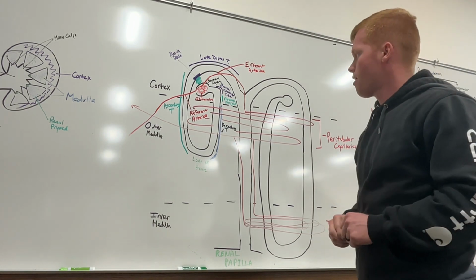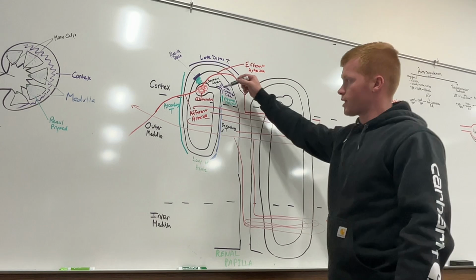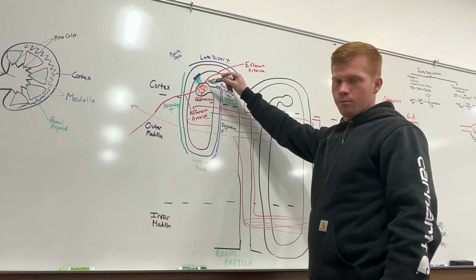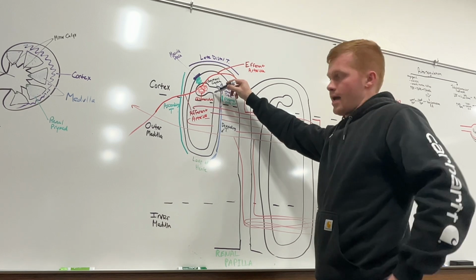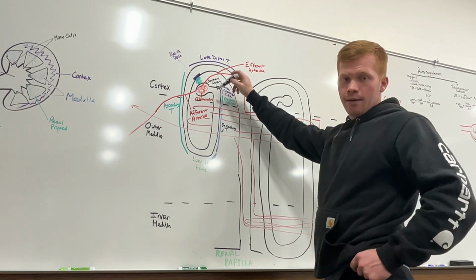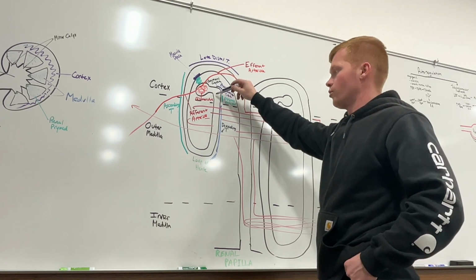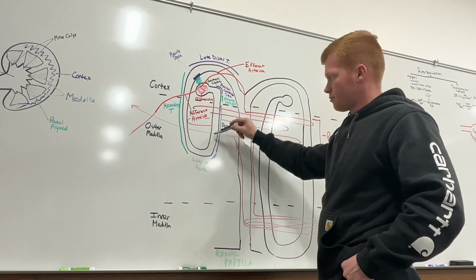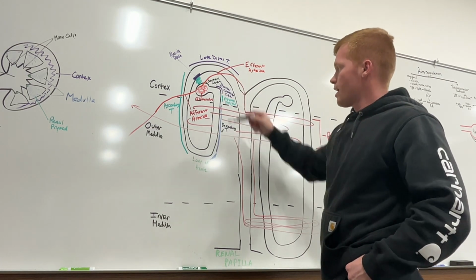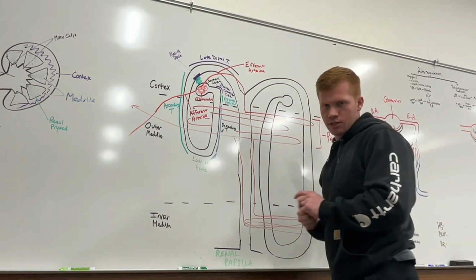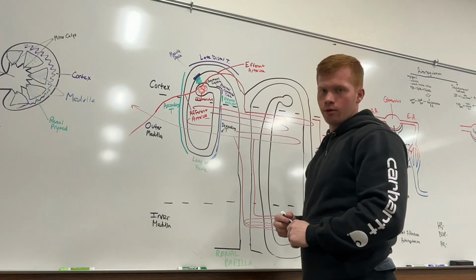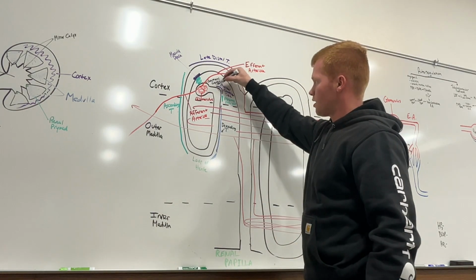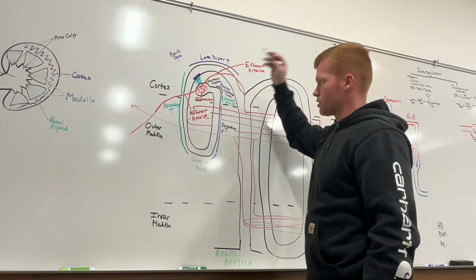That's okay. But yeah, let's just start at Bowman's capsule. So like we said, through the blood, it gets filtered through the membrane, and it enters into Bowman's capsule, and it comes into the tubule. And it moves down the tubule, and there's different sections of the tubule. The first section is the proximal convoluted tubule, and that's this section up here, that first section right after Bowman's capsule.